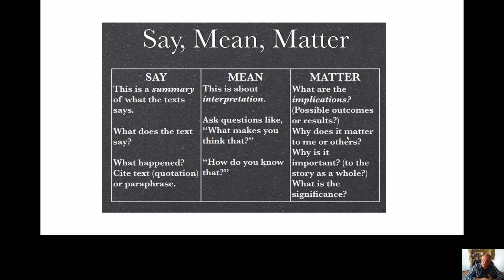Ask questions. How do you know that? The last one is matter. What are the implications? What are the potential outcomes or results? Why does it matter? Everything we're looking at has to matter. If it doesn't matter, you've got to say, well, why are we looking at it? Why is it important? What's the significance? So, what does it say? What does it mean? Why does it matter?